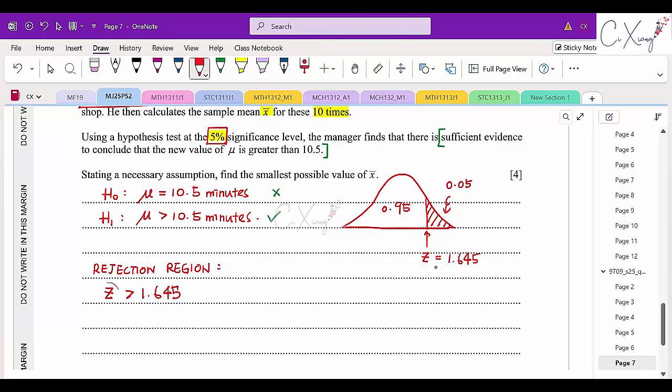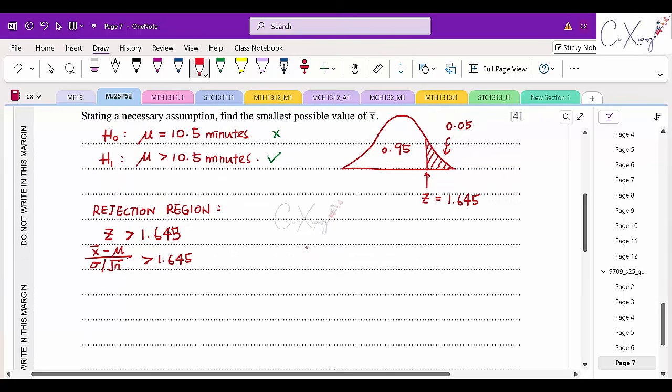And what is the test statistic formula when we want to carry out the test for the population mean? The general formula is the sample mean minus the population mean, divided by standard deviation over square root n, and this is greater than 1.645. Put in all the values that we already know. Sample mean, of course, I don't know.